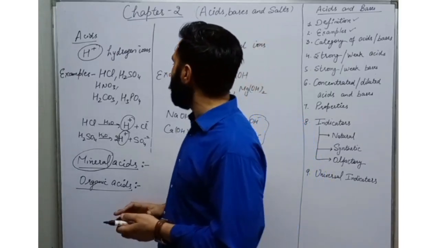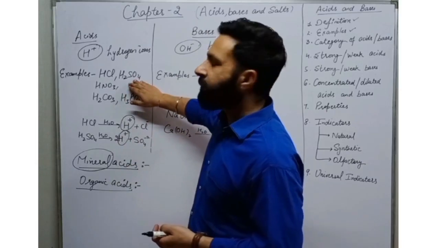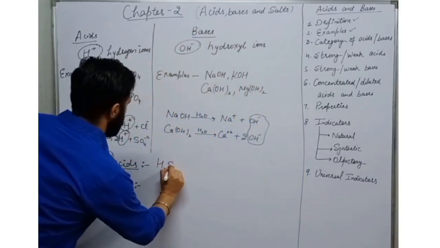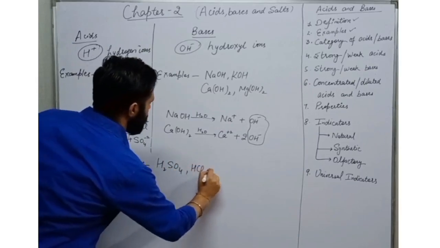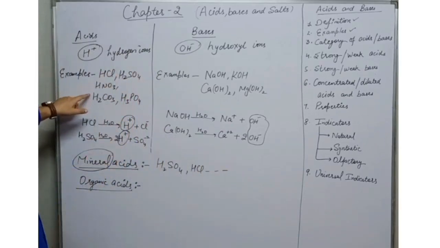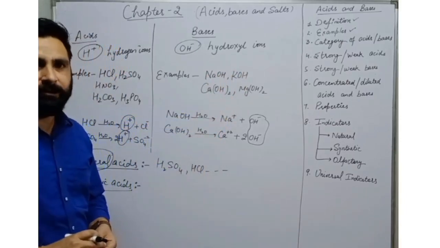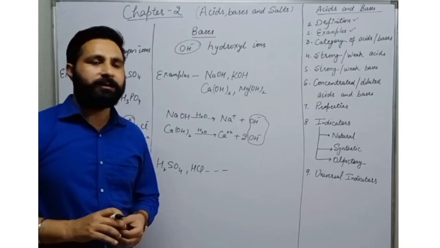So basically we can say these acids like H2SO4, HCl, these all are mineral acids. Similarly, these all are mineral bases. Why they are mineral acids or mineral bases?